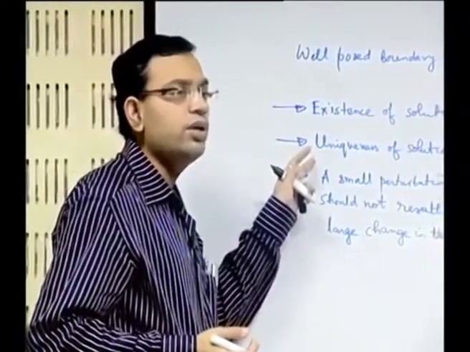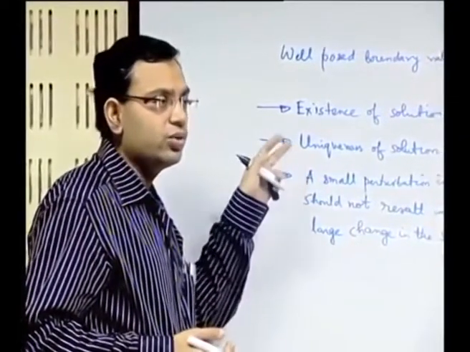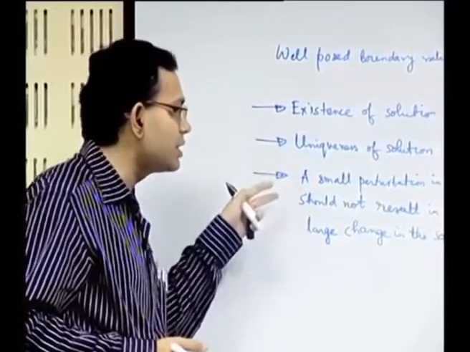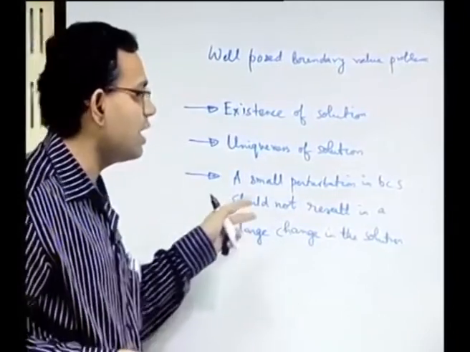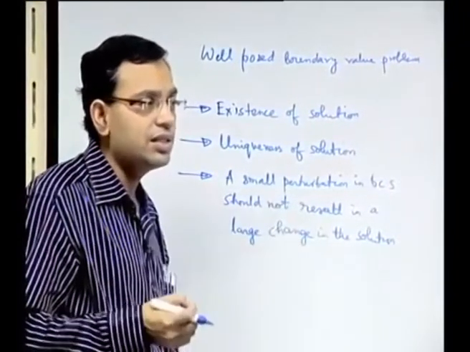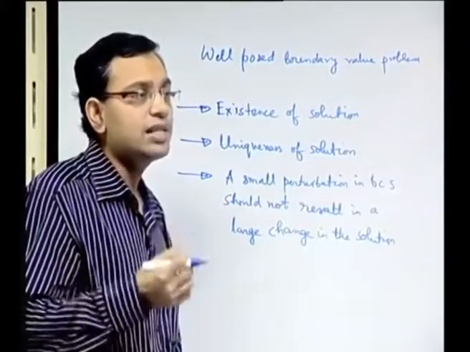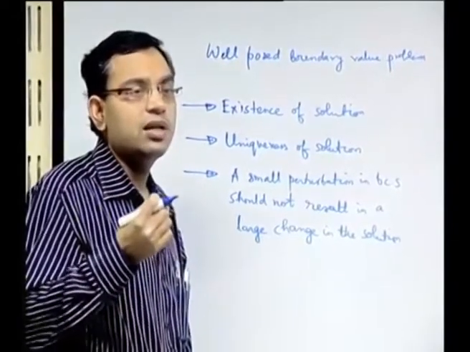The solution has to be unique so that you get a solution without ambiguities, and a small perturbation in the boundary conditions should not result in a large change in the solution. That means it should not be oversensitive to a small change in the boundary conditions.